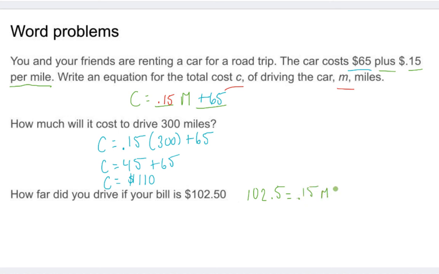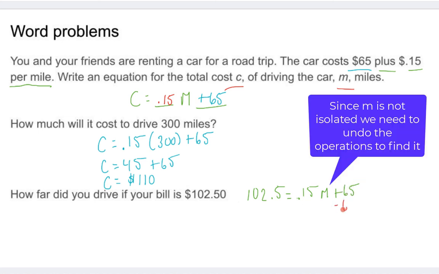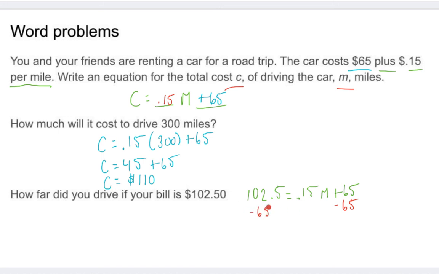m plus 65. We're going to subtract the 65 from both sides, since our variable is over here, and we need to isolate it. So we're going to undo whatever operations we see. So 102.5 minus 65 is 37.5.